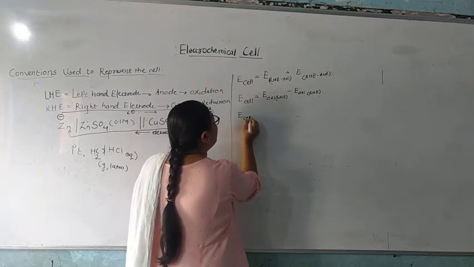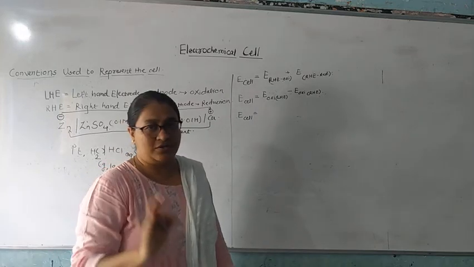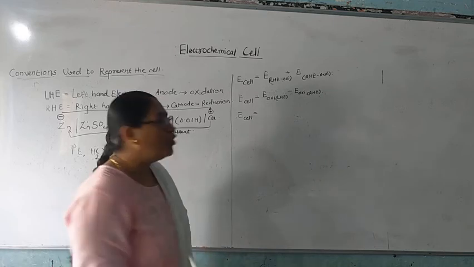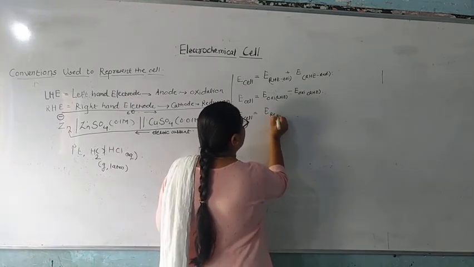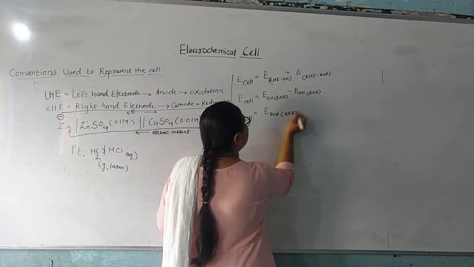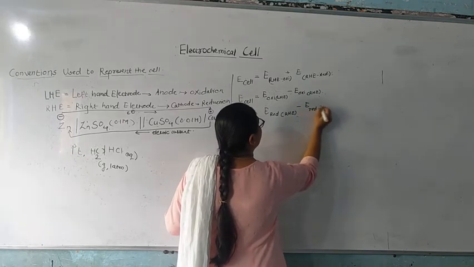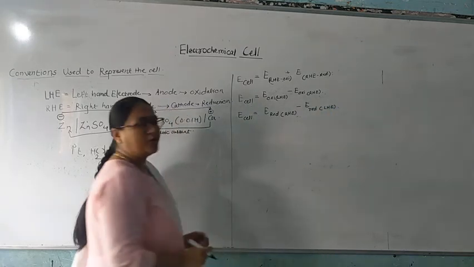One more formula. If we know the reduction potential of both electrodes, then EMF equals the reduction potential of the RHE minus the reduction potential of LHE. This is the formula.